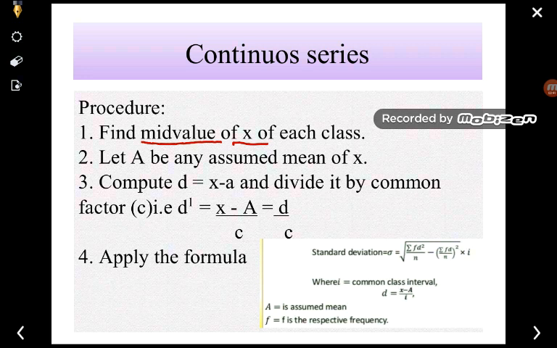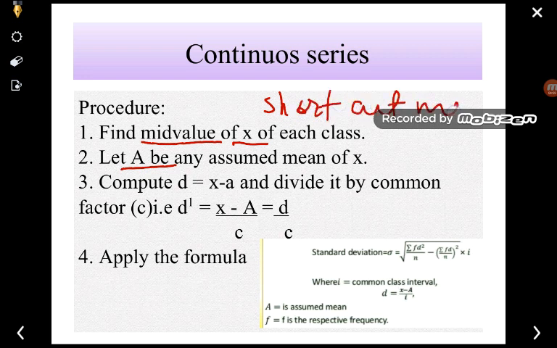Later on, consider any one of the mid values you have taken as an assumed mean. This is how to calculate the continuous series by means of the shortcut method.